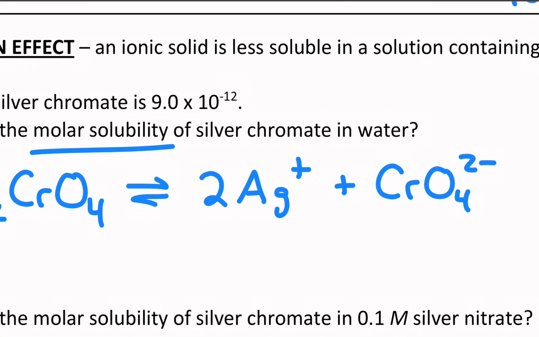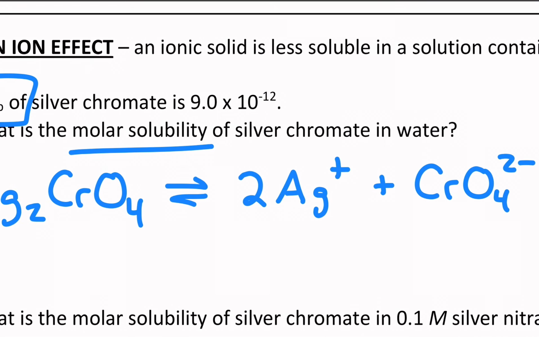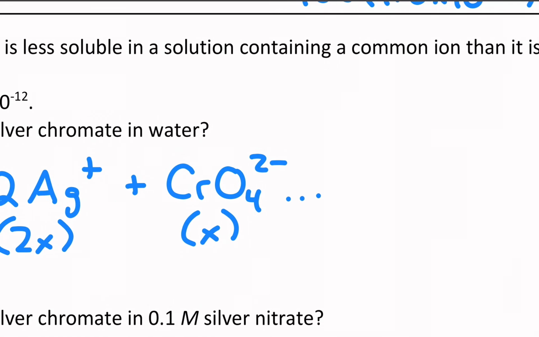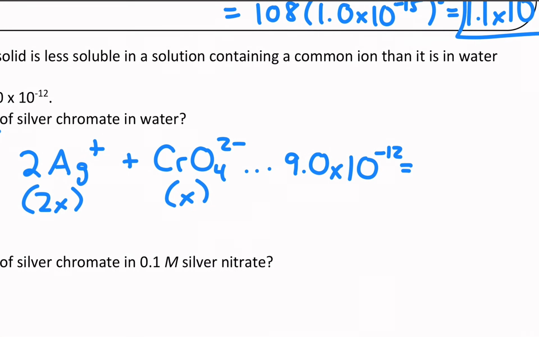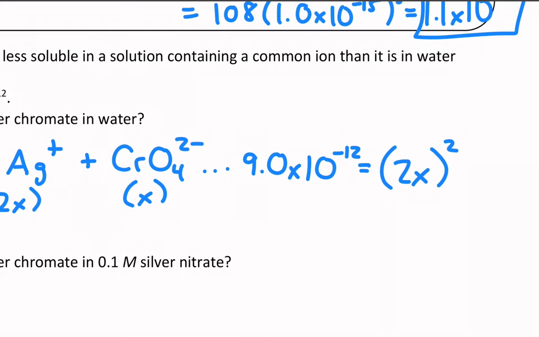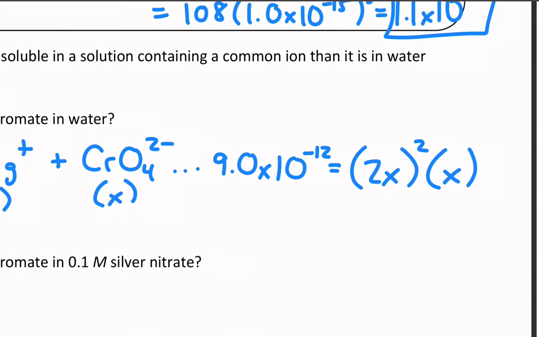And then setting up sort of an abbreviated ICE chart, for every x of this compound, I'm going to make 2x of the silver ion and x of the chromate when it dissolves. So our Ksp value, which is given as 9.0 times 10 to the negative 12, is equal to the silver ion concentration squared, which is 2x squared, times the chromate concentration to the first, in this case x.